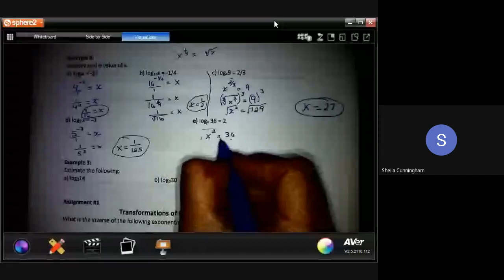Just like what we did in the one above, I've got x squared is equal to 36. So now I have to take the square root of both sides, which is going to leave me with x is equal to 6. And that will be my answer.